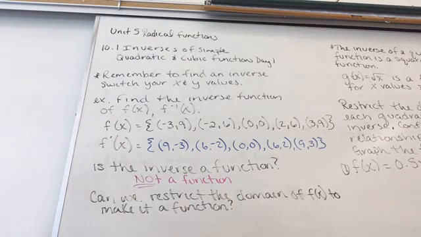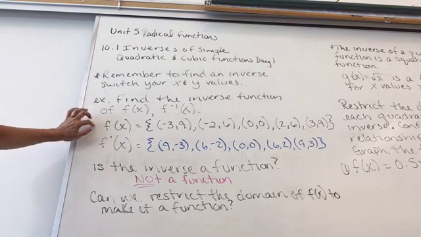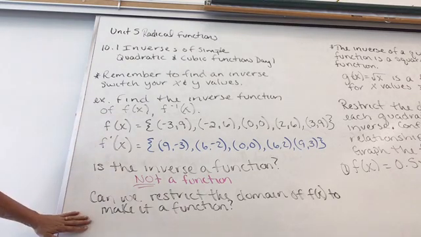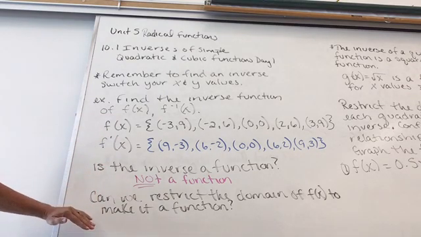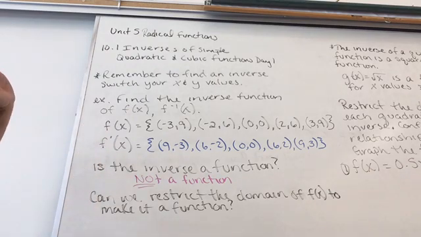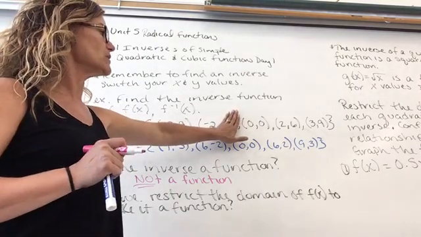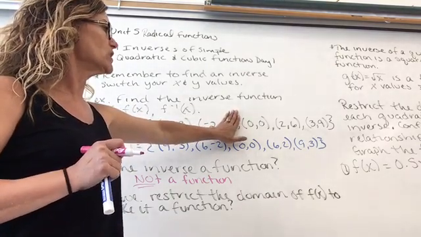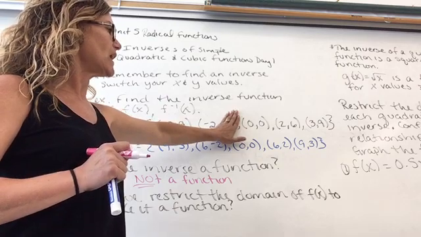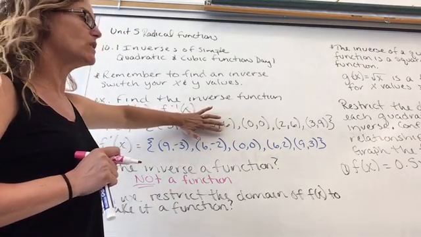That leads us to the question, can we restrict the domain of this one so that the inverse is a function? Well, if I say that the x values can only be greater than 0, looking at the original function, then I wouldn't have a repeat because these would not happen.